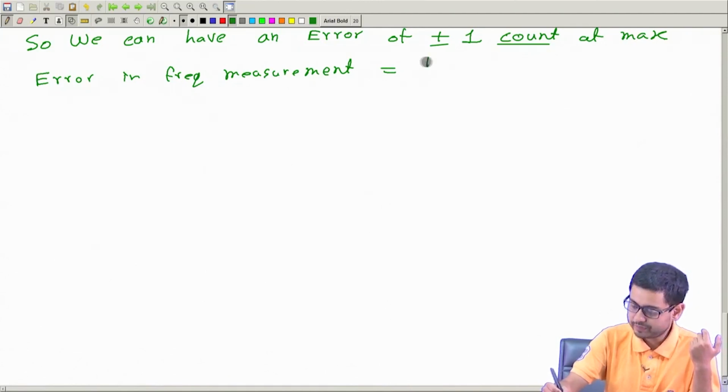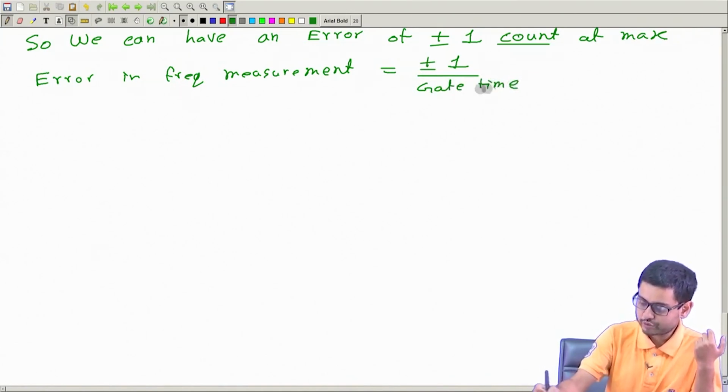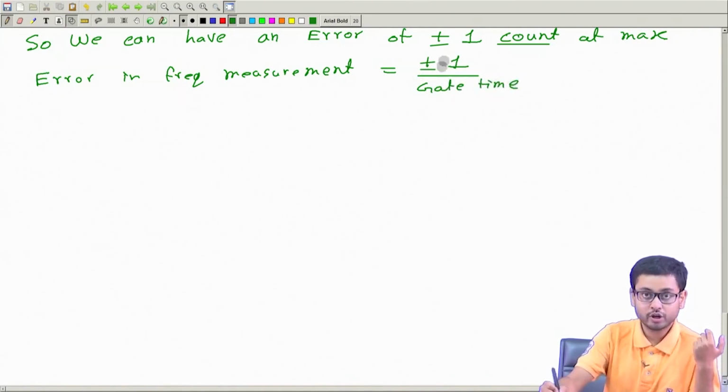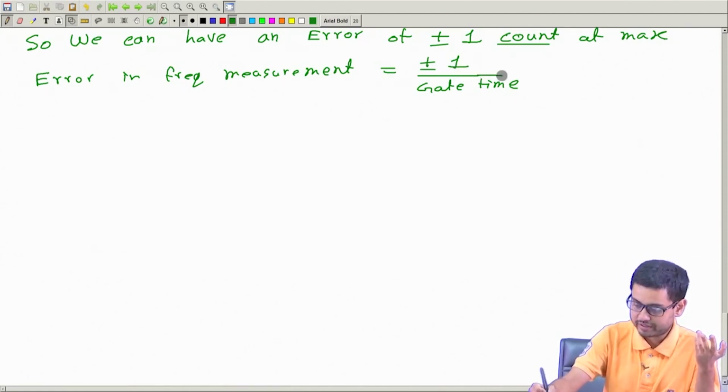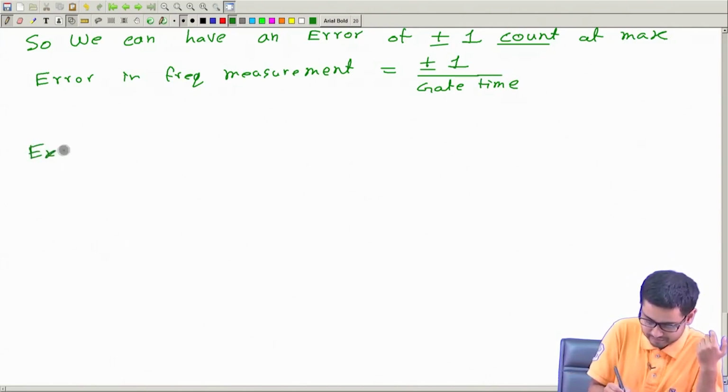So, that will be plus minus 1 divided by gate time, because within one gate time we can get one extra count or one less count. So, this is the excess frequency measured, or the less frequency measured. Okay.